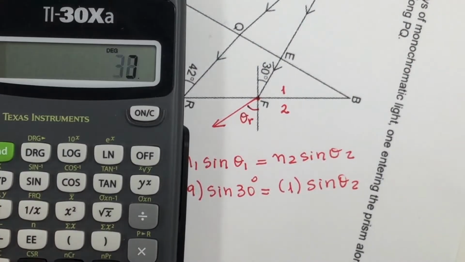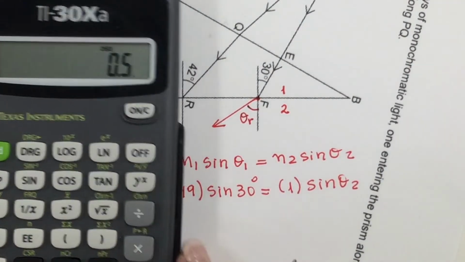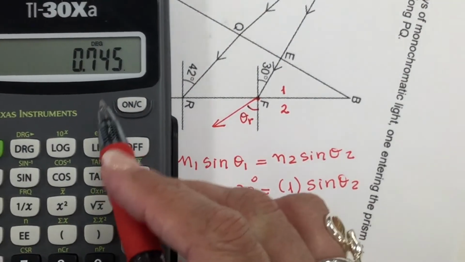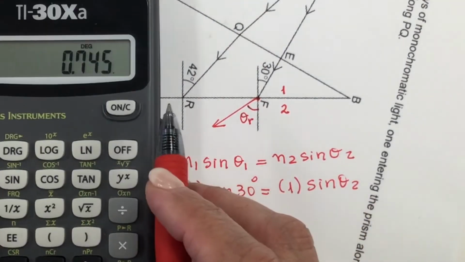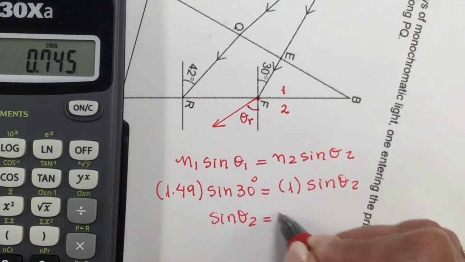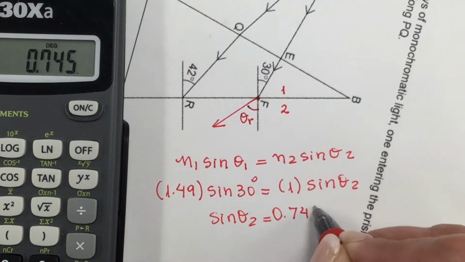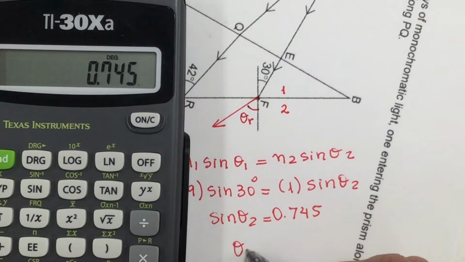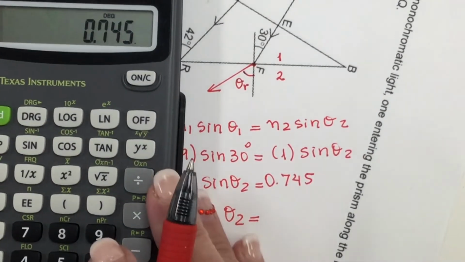So then it will be sine of 30 times 1.49, which is 0.745. So sine of theta 2 is 0.745. And I need to find the inverse sine of this, and that is actually my refracted angle.